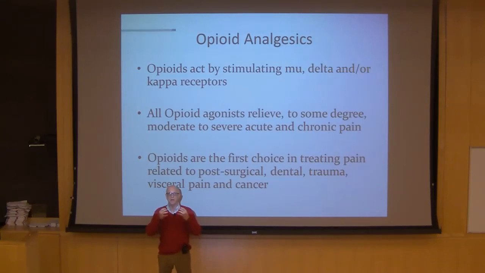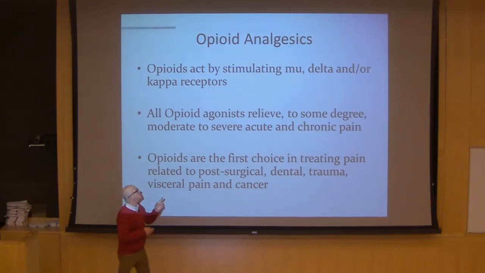These are receptors for endogenous peptides, which are endorphins and enkephalins, and there are three different types: mu, delta, and kappa receptors. To some degree, these relieve some of the acute or chronic pain. So you have endogenous substances that can be released that lessen pain, okay?